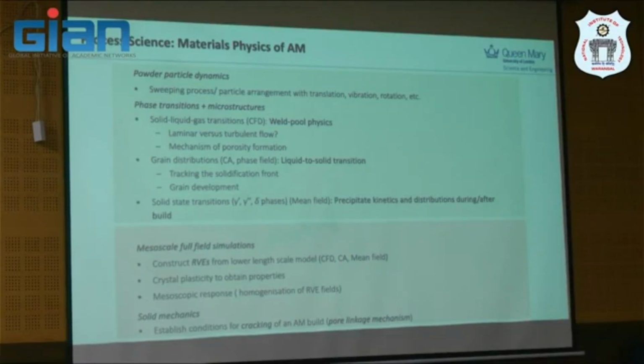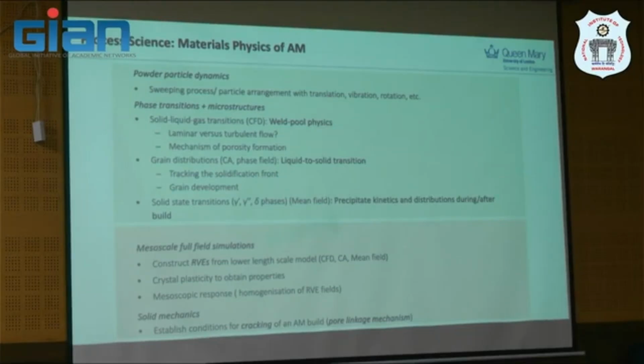So the question for the community in modeling of additive, which I'm going to chair one session of next year in Italy, the 5th International Conference on Simulation of Additive Manufacturing: we have quite a big community now, taking care of different length scales that I'm saying here, and the big question is how can we integrate all this information? It's not just about individual contribution, but how to link them all.